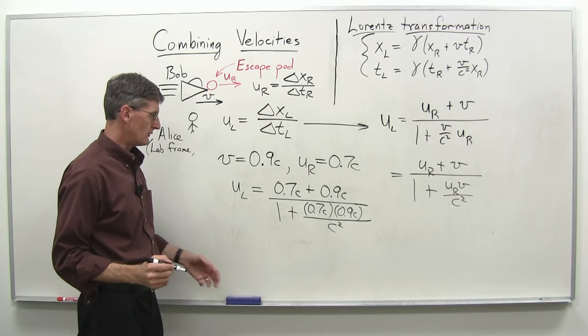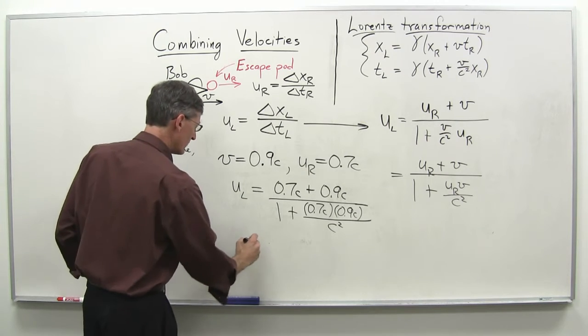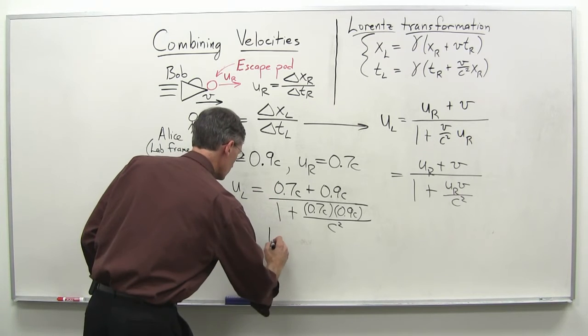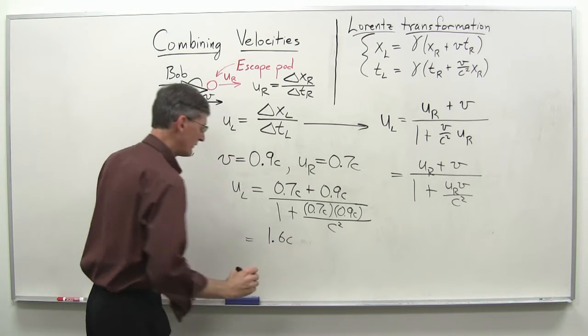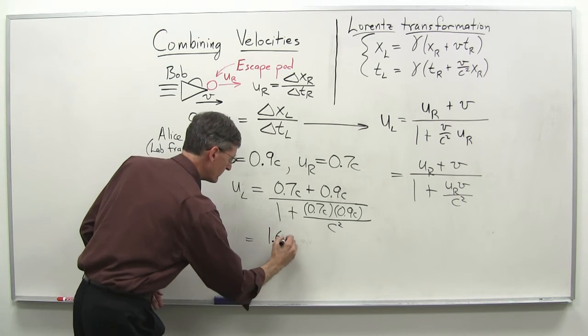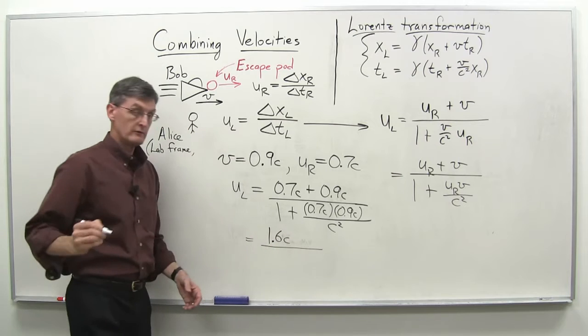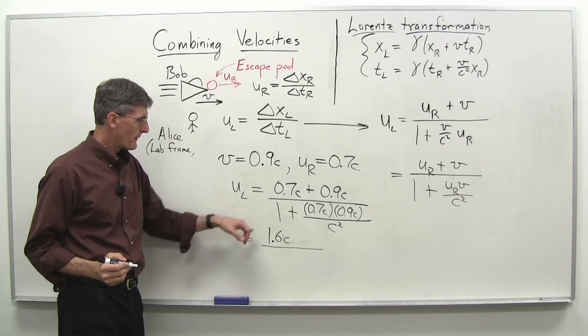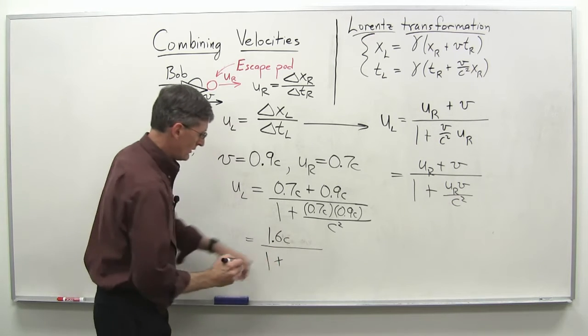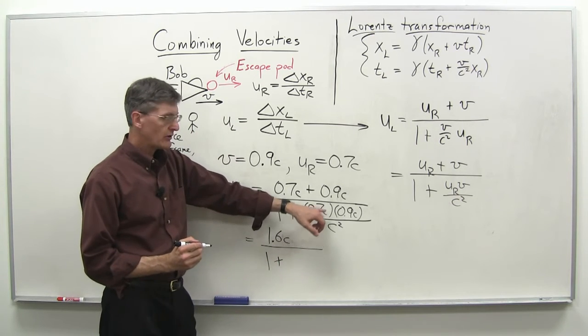So what do we have here? We'll do one more step. 0.7 c plus 0.9 c is 1.6 c, definitely greater than the speed of light. What do we have on the bottom? We've got 1 plus 0.7 c times 0.9 c.